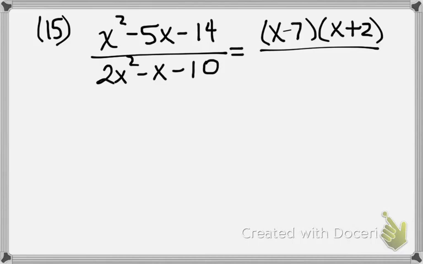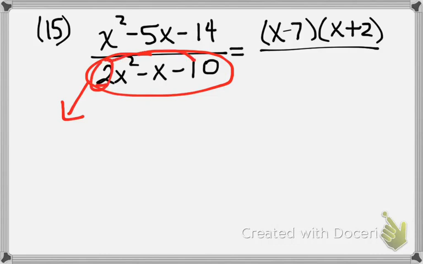Okay, the denominator is a little bit more difficult because it's got that leading coefficient. So I'm going to do it off to the side and then bring it back over. Remember when we did this, we took the 2 and multiplied it to the end. So we make this be x squared minus x minus 20.